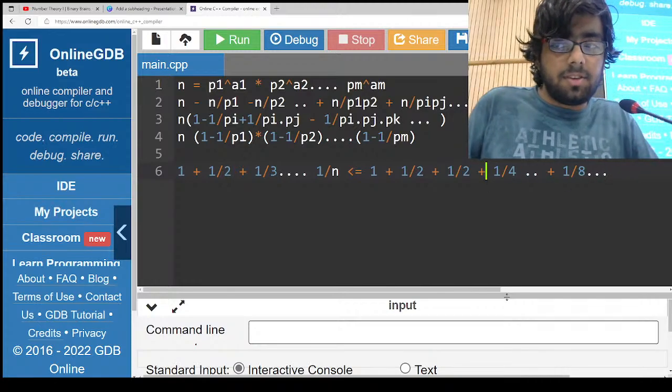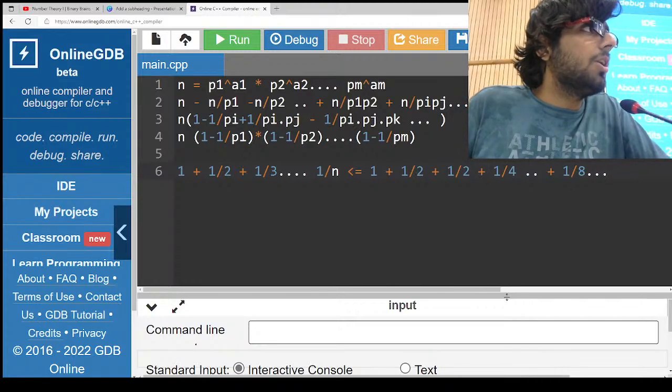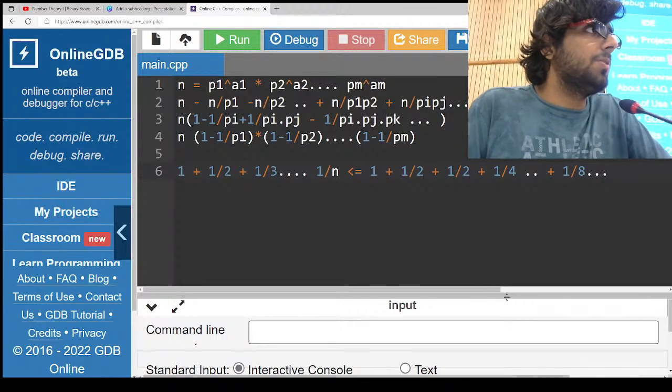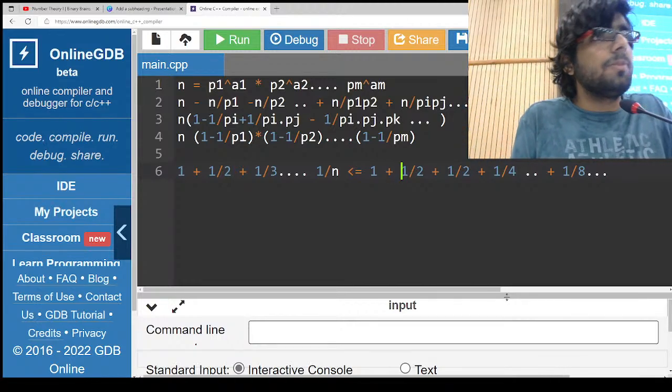So we would get log n distinct powers of 2, right? And each power gives a factor of 1. So n into 1 plus 1, log n times. So this would give a complexity of n log n.